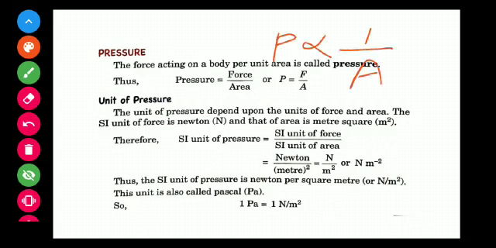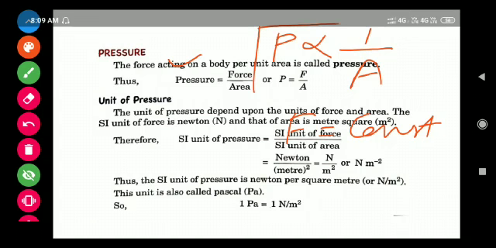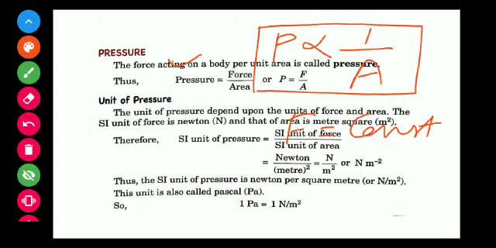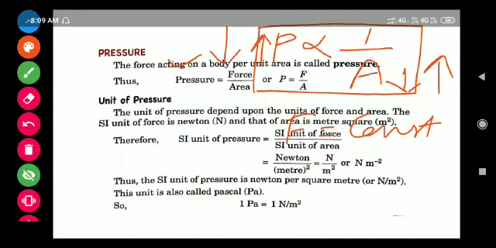If force F is constant, in that case pressure is inversely proportional to area. If we decrease the area, there is an increase in pressure, and if we increase the area, there is a decrease in pressure.